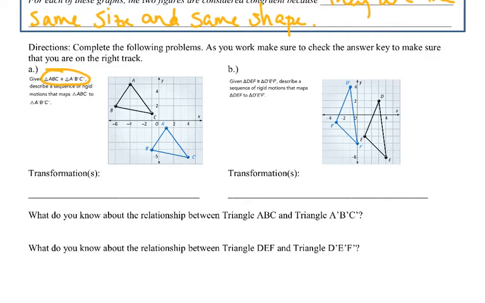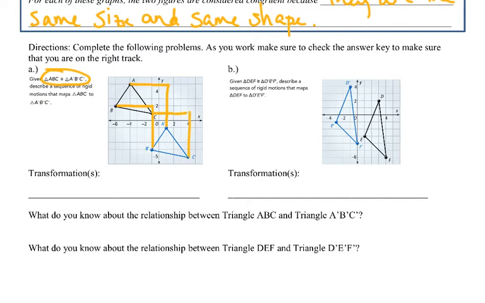So if you look at this first one, I can see that A can be slid over to the right and down to get to A prime. The same thing can happen to B, over to the right and down, and then C is the same, over to the right and down.